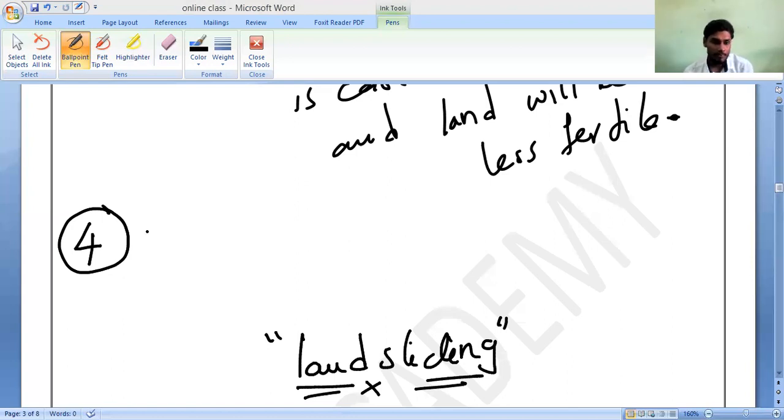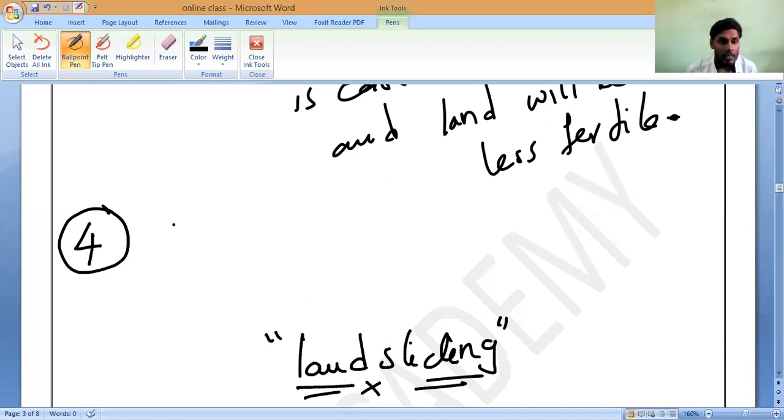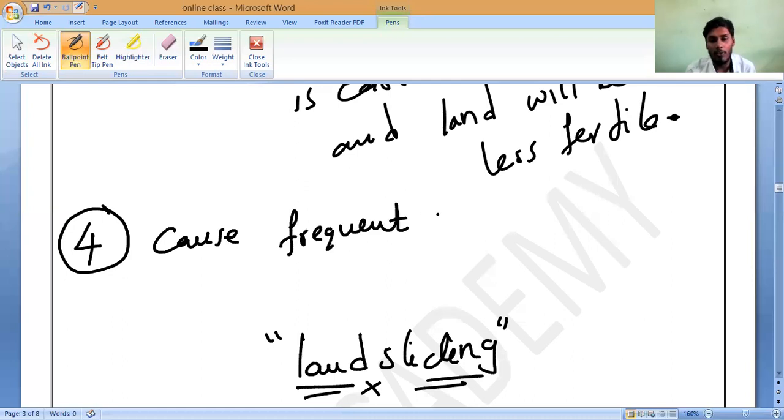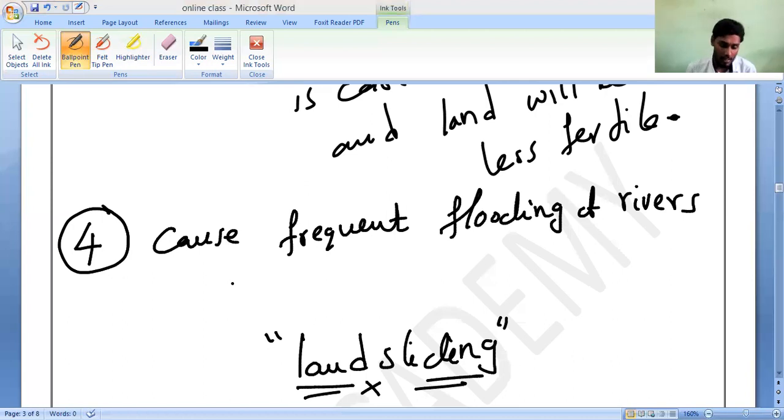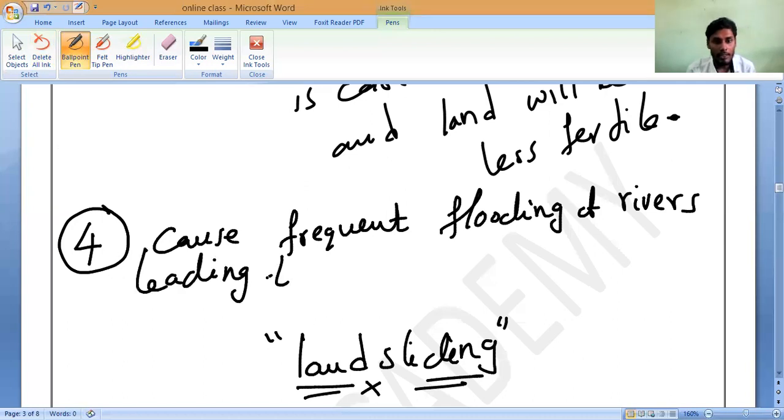Fourth reason. Frequent flooding of rivers. Frequent means almost regularly. Because of frequent flooding of rivers, what will happen, Johan? Flooding of rivers leads to loss of life and property. Is it yes or no?